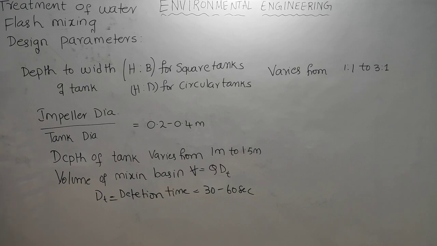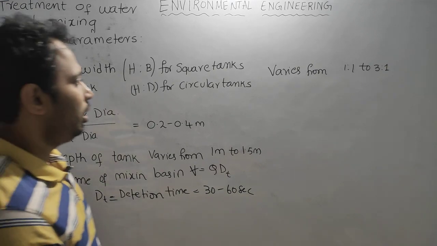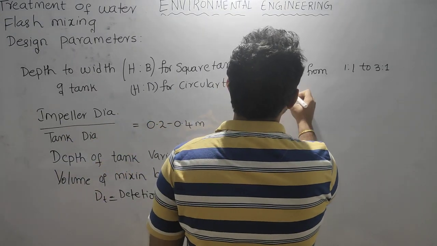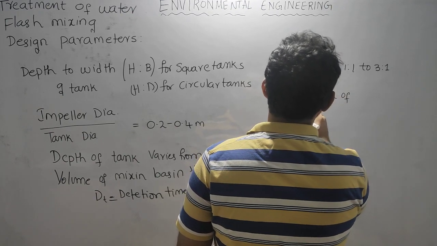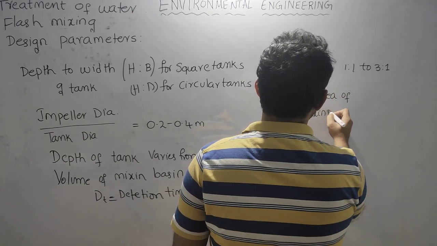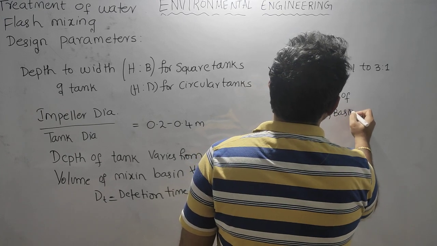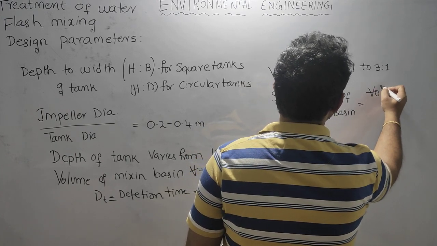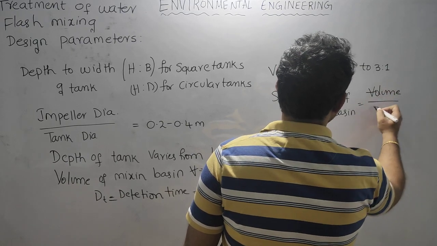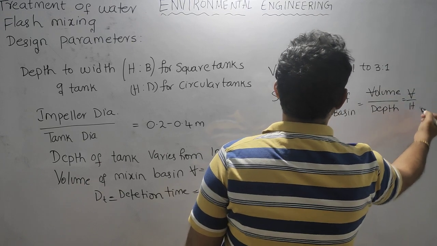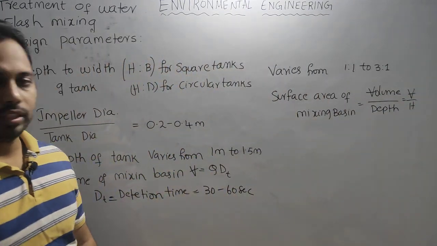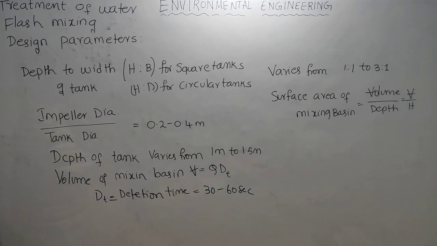Surface area of the mixing basin is equal to volume by depth. So volume by depth gives you the surface area of the mixing basin. And N means rotations per minute, RPM.